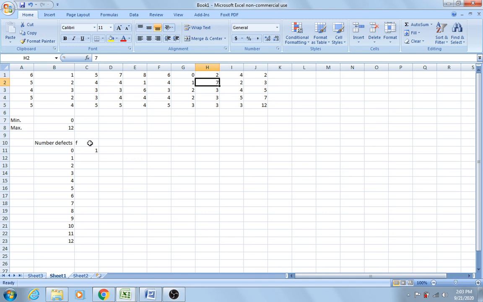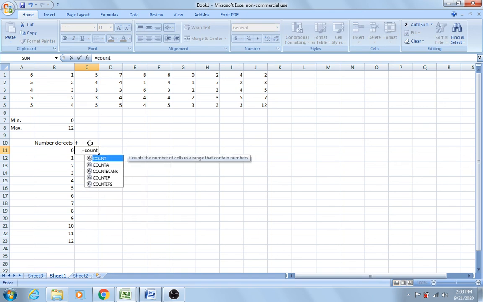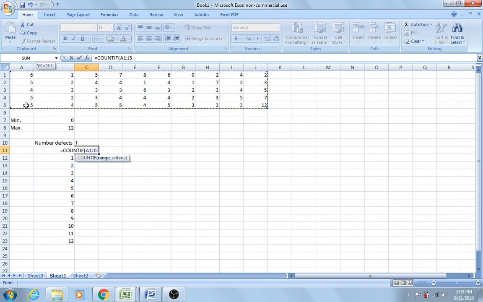But with Microsoft Excel, we can calculate it very easy by using the formula of COUNTIF. With COUNTIF, the first thing that you need to do is put the range. This is the range, and you need to lock the range because you're going to copy everything down.